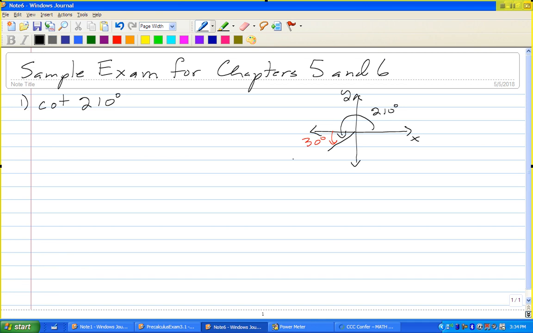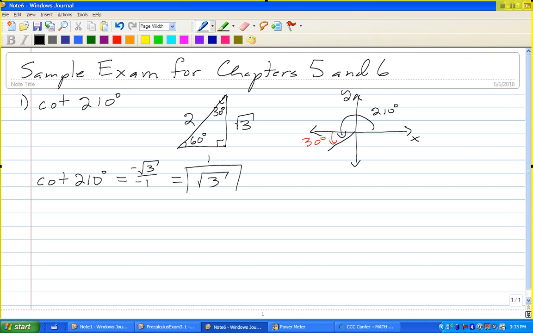And so, let me draw a triangle, a 30, 60, 90 triangle. Cotangent is adjacent over opposite. These are both going to be negative since we're in the third quadrant. Negative over negative is positive.